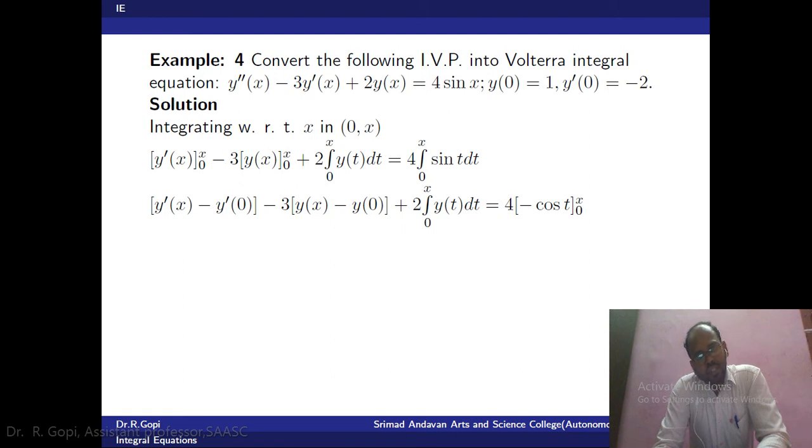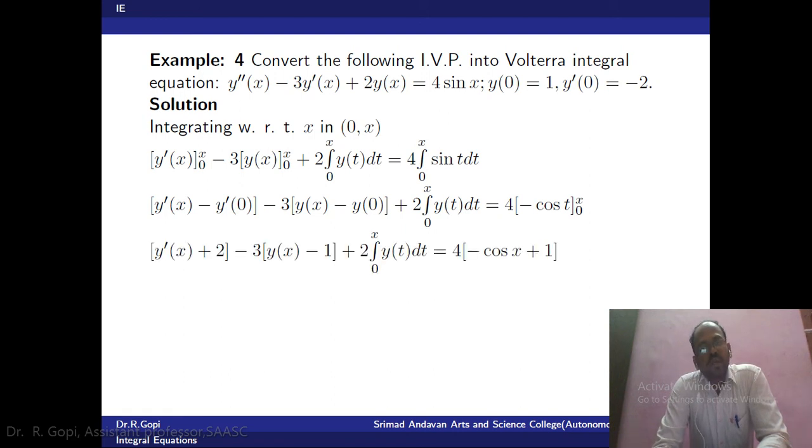Then the values are given: y(0) = 1 and y'(0) = -2. So substitute these values here. y'(0) = -2, so minus into minus is plus. Then y(0) = 1, so substitute minus 1, plus 2 times the integral from 0 to x of y(t) dt equals 4 times, substituting the upper limit, minus cos x, substituting the lower limit, minus of minus cos 0.